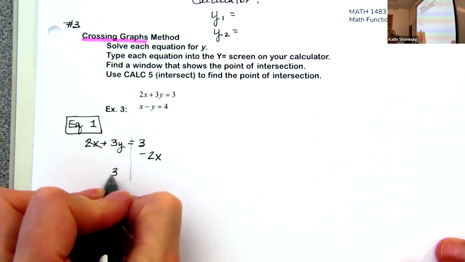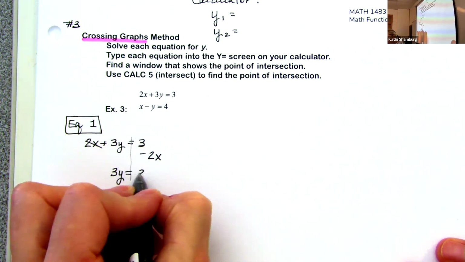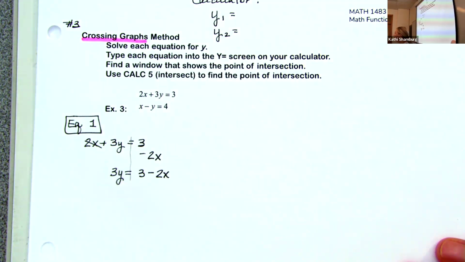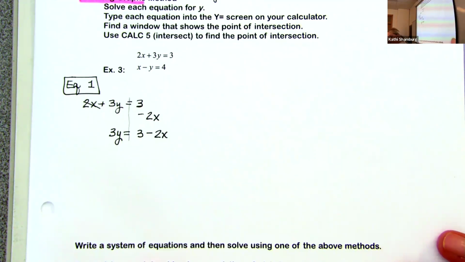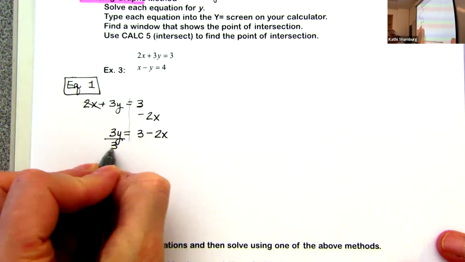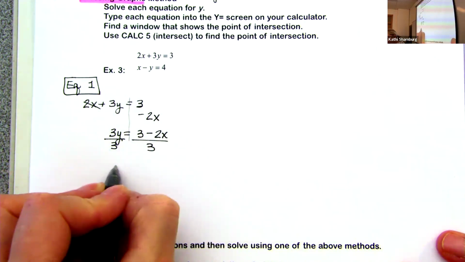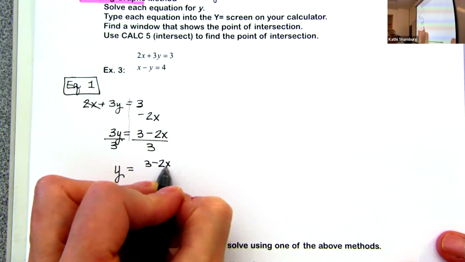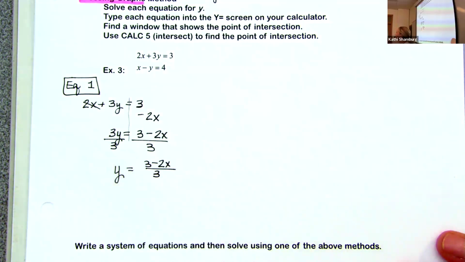So I'm left with 3y equals 3 minus 2x, because those aren't like terms, so you cannot get 1x, okay? And then to undo that multiplication, we divide by 3. So I get y equals 3 minus 2x over 3.